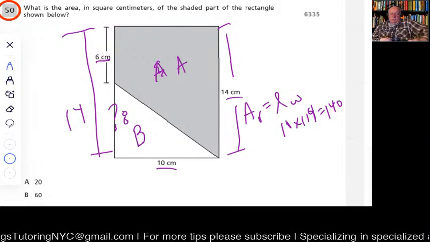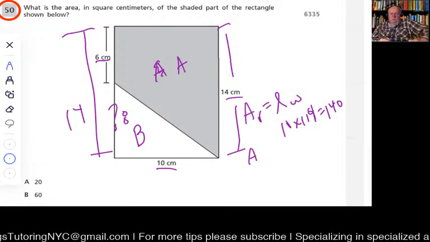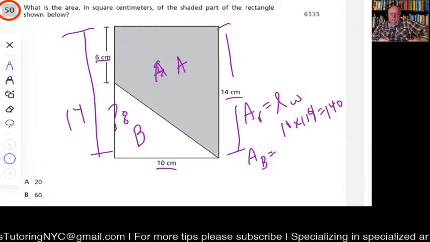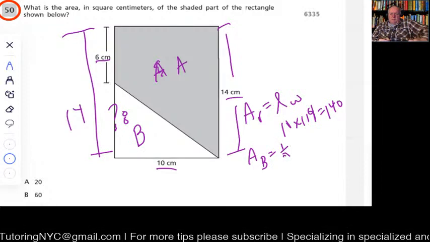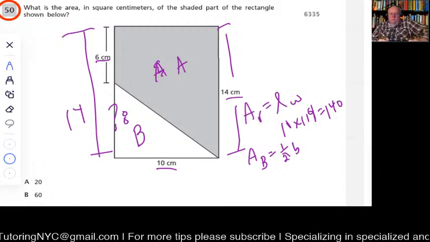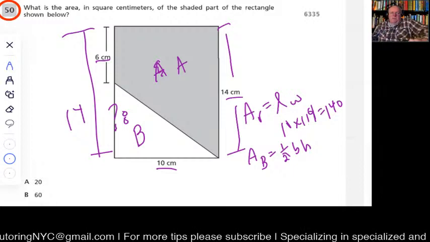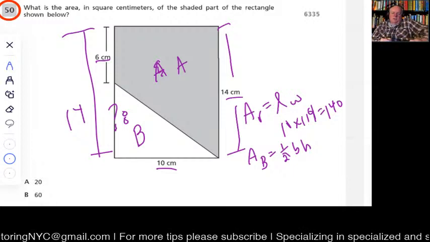So the area of a triangle, we'll call it B, the area of triangle B is equal to 1/2 its base times height. You guys need to know these formulas. Just print out a formula page and check them once a day for a month, and they'll be in your brain forever.